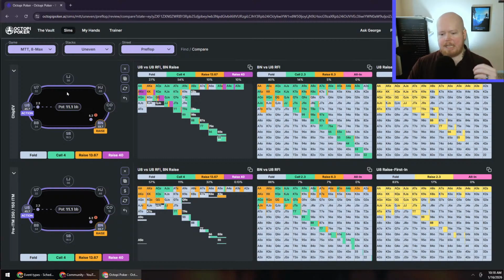So as far as the choice between ChipEV and ICM goes, I titled this session ChipEV versus ICM, which is better. The reality is that most strategies in this early stage period are kind of a hybrid.